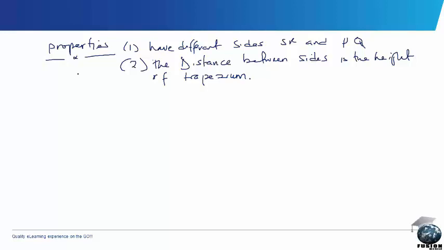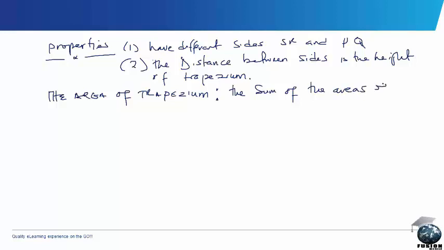All right, and the area of the trapezium is given as the sum of the areas of triangles PQX and QRX. All right, look at what we are saying.